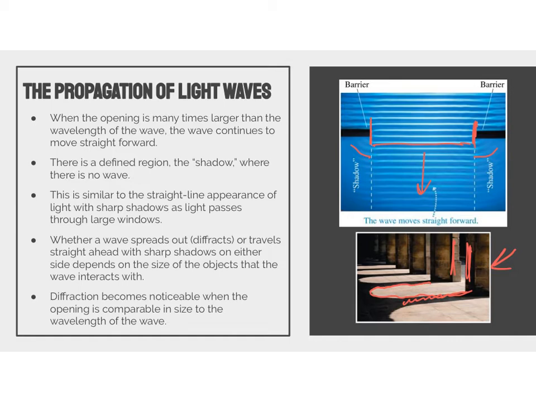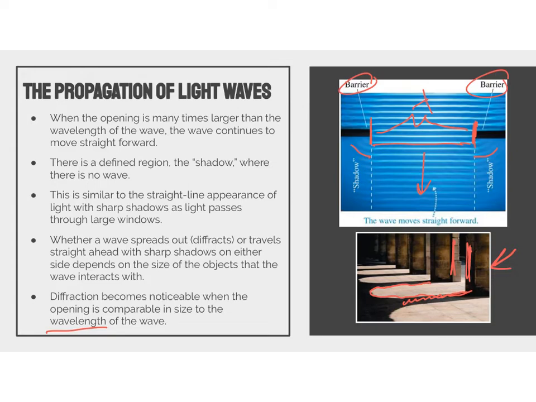So diffraction, this concept we talked about in the last slide, only becomes noticeable when the opening is comparable in size to the wavelength of the wave. And what does that mean? It means that I've got these barriers here, right? And this opening right here is not even close to being comparable to the wavelength of the wave.